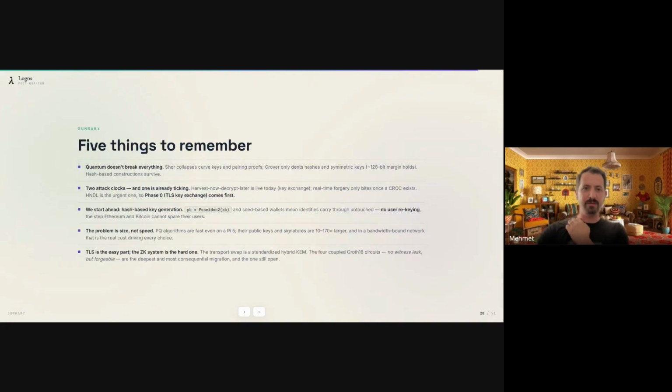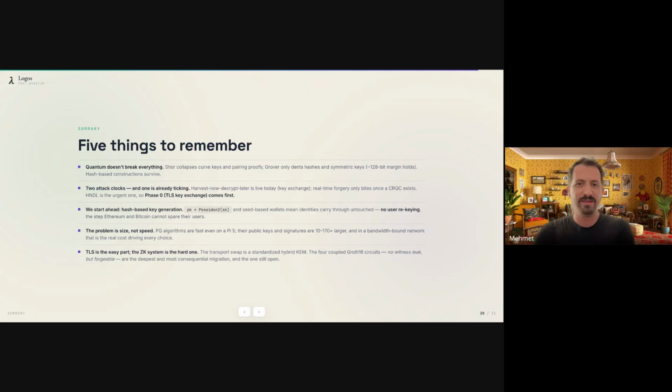And yes, we can do some summary. These are the five things to remember from this presentation. The first one is that quantum doesn't break everything, because there's some misunderstanding about this. Quantum doesn't break every cryptographic algorithm. There are still secure algorithms, but yes, some algorithms will be broken.